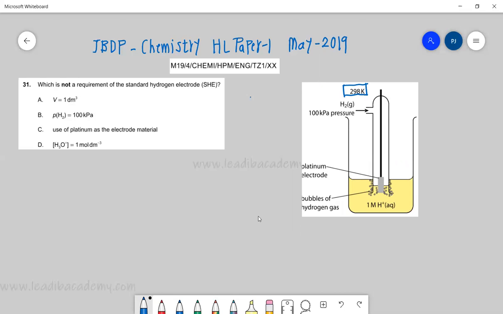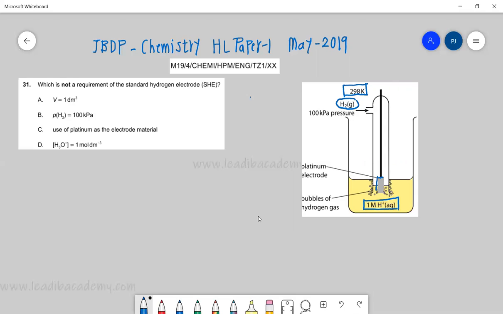Under that, we pump in hydrogen gas at 100 kilopascal, almost close to atmospheric pressure, and there is a platinum electrode. Then we take a concentration of 1 molar H plus, so we provide the solution.